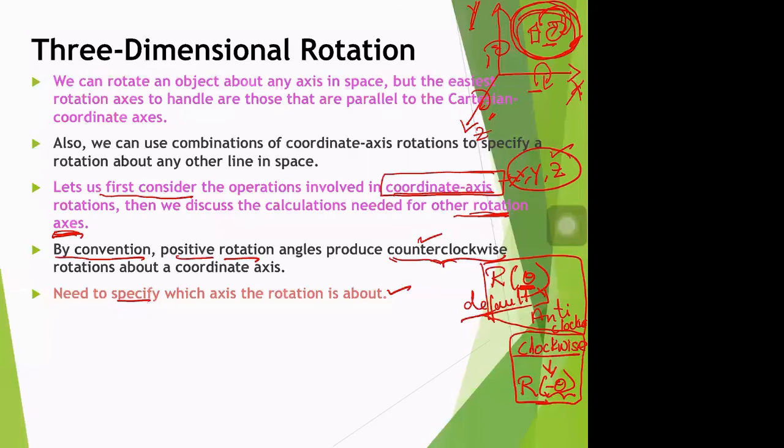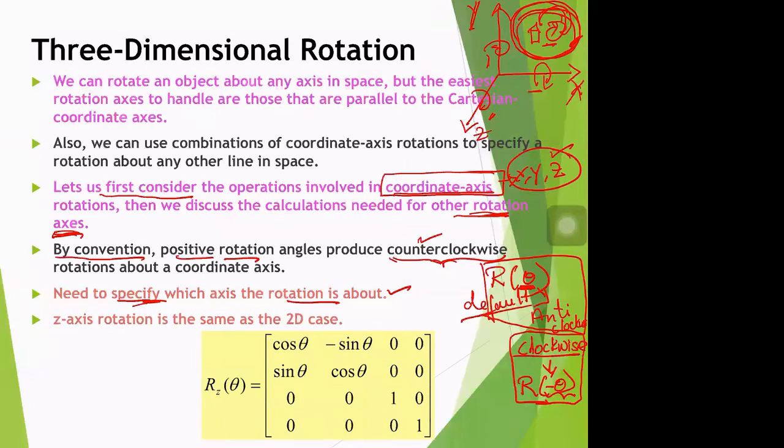That's why we need to specify which axis the rotation is about: whether I am rotating with respect to the Z axis, the X axis, or the Y axis. This is what we need to check, so I have to specify which axis I am rotating about.